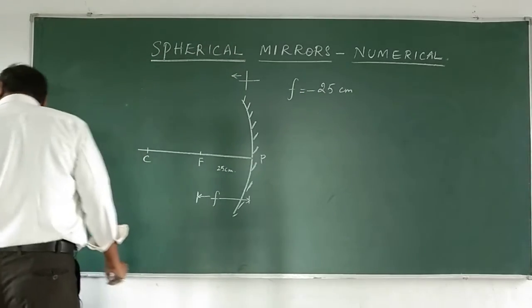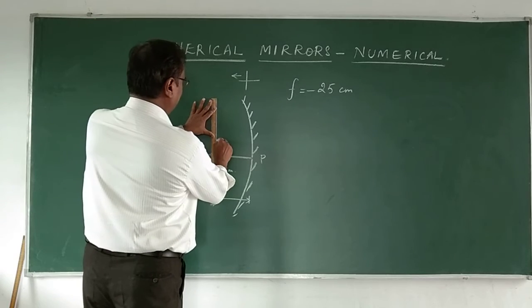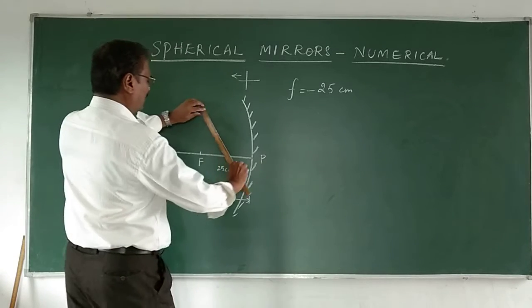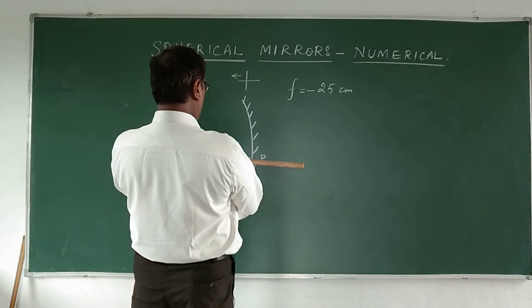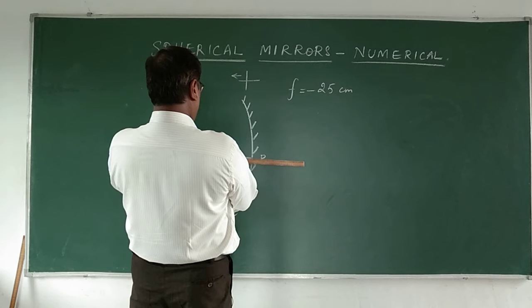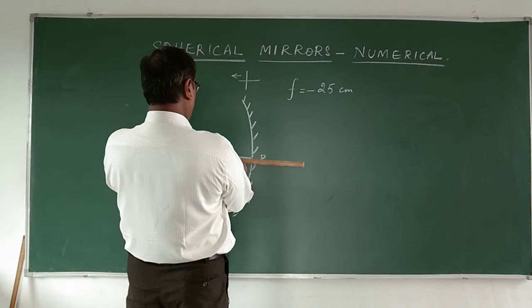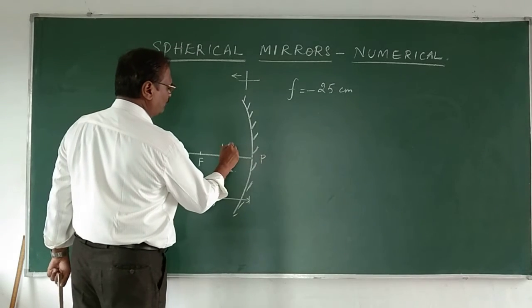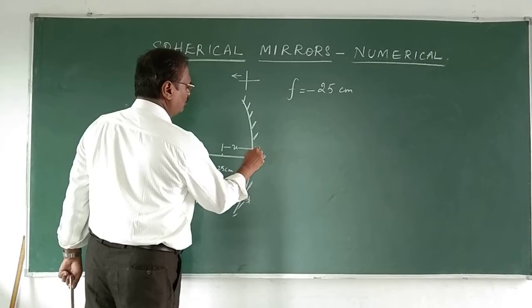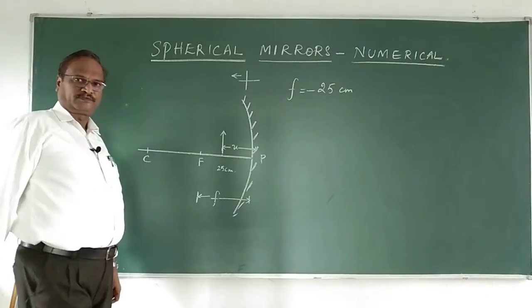Now let me take the object within the focus in this case. We have to measure very clearly. Let the object distance be, let us say, 15 centimeter. 25, 15, 10. So the object distance, the distance from the pole to where the object is placed, is u.